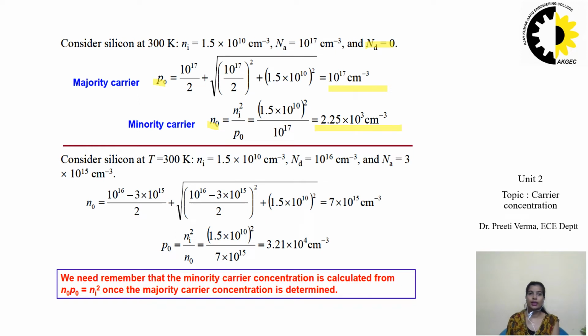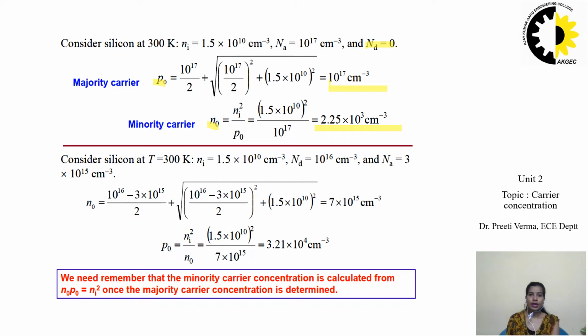Solving this, we get the minority carrier concentration. So here we can compare these two: the majority carrier concentration is of the order of 10^17, and the minority carrier concentration is of the order of 10^3. There is a vast and huge difference between these two concentrations.